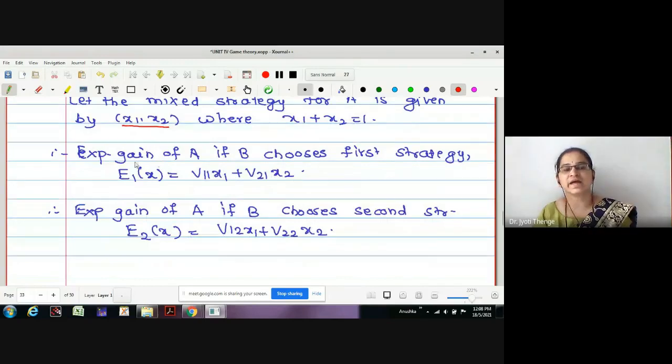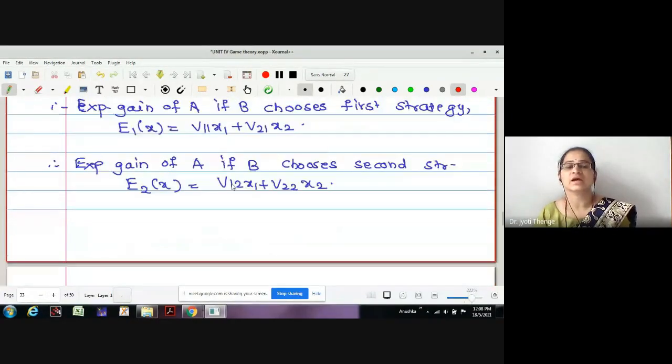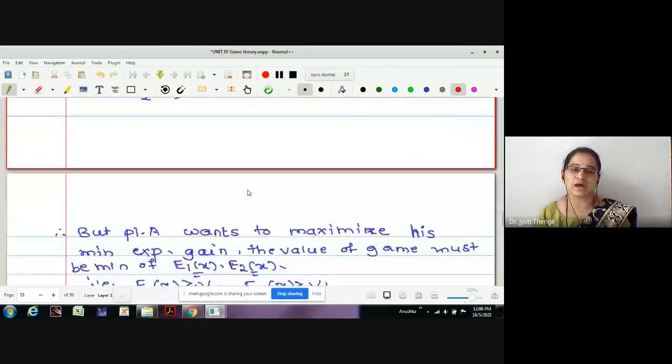Then we have the expected gain of player A. If B chooses the first strategy, we have written this. If B chooses the second, we have written this. Now we are going to select the minimum of these, the minimum expected gain. If it is minimum, then the maxmin value is equal to the value of the game.